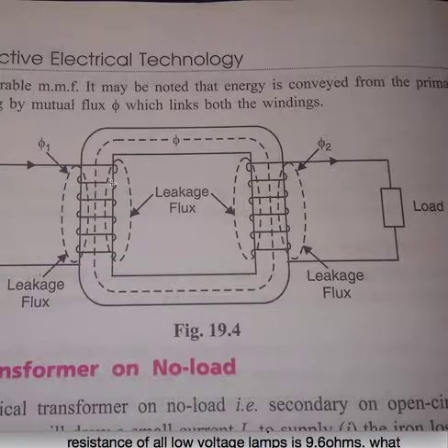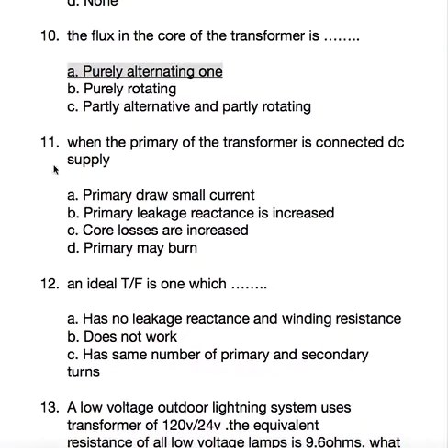Due to the low resistance, as this is a thin wire, a larger current will start flowing. As the larger current flows, the temperature increases, and there is a chance of the primary getting damaged. So when a transformer is connected to a DC supply, the primary winding will burn.